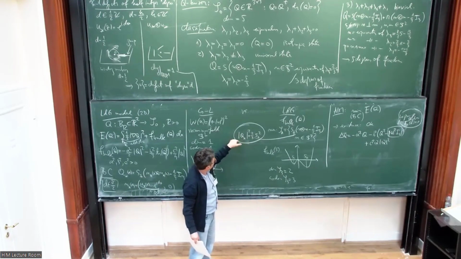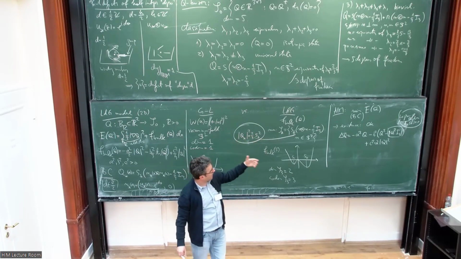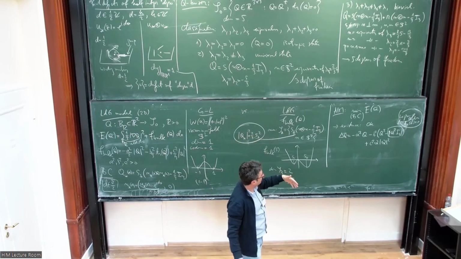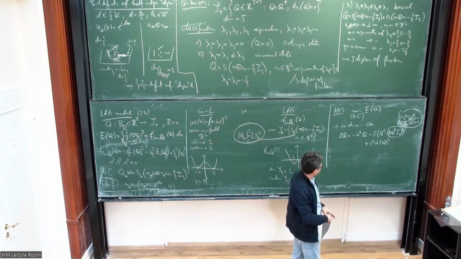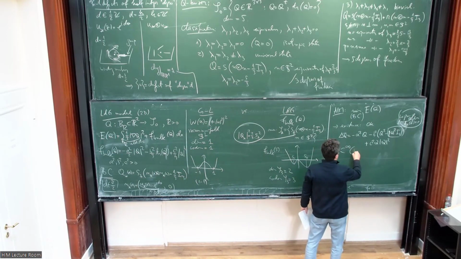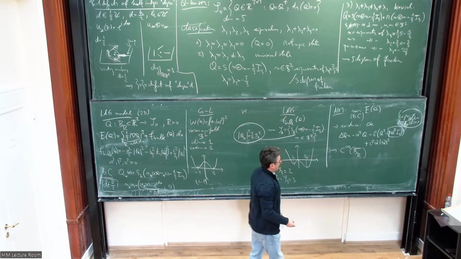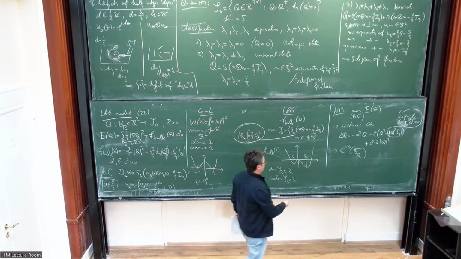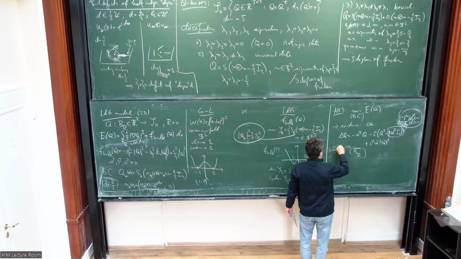So you will get that this trace is less than this. And from there you can do a bootstrap. So again, it's C infinity up to the boundary, and you can do analysis if you want. So that's the regularity of the solution.